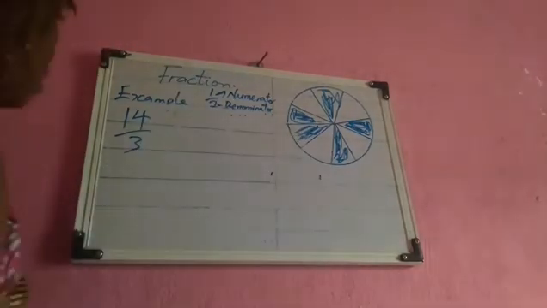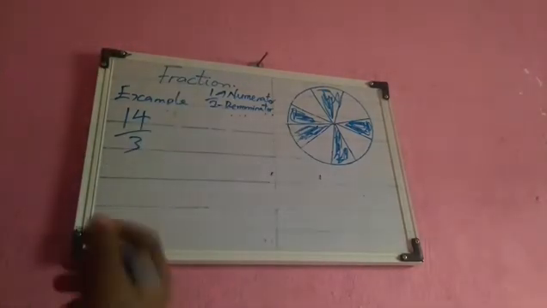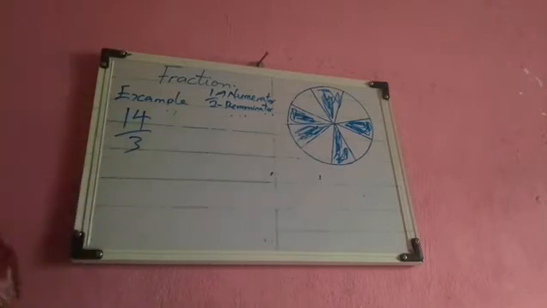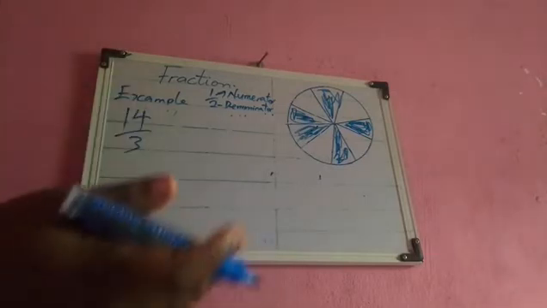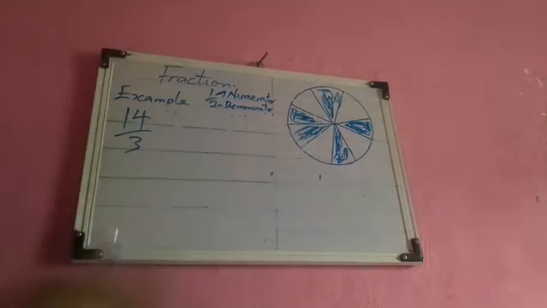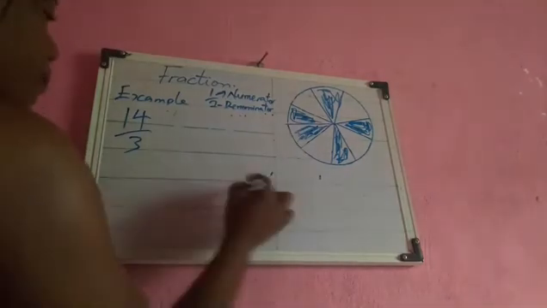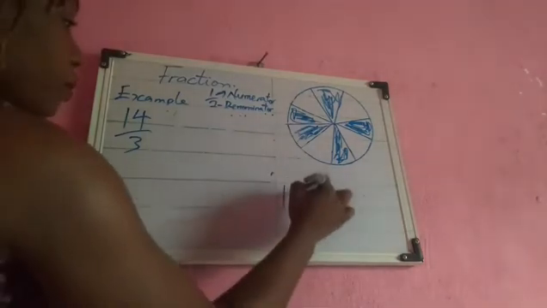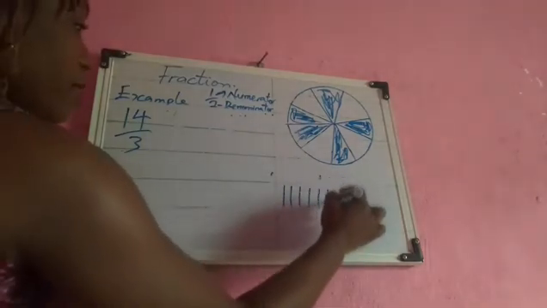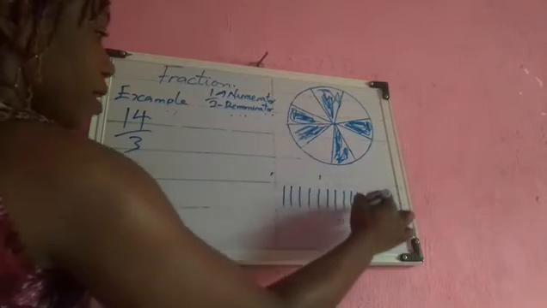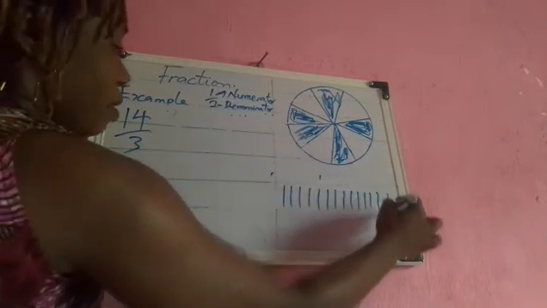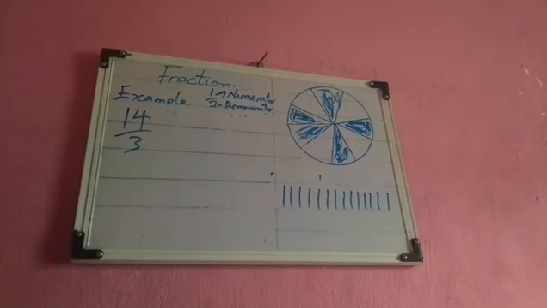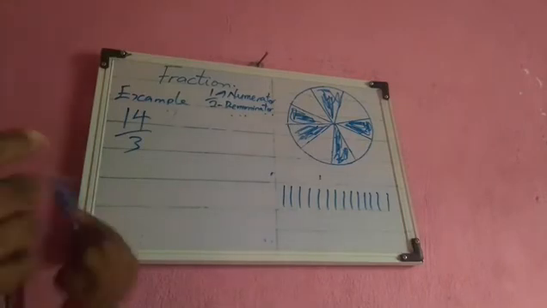So 14 over 3, how many times can 3 come out of 14? Do we count again? I'm never tired of counting. Let's count it here. 1, 2, 3, 4, 5, 6, 7, 8, 9, 10, 11, 12, 13, 14.